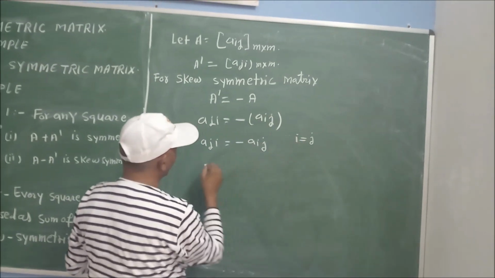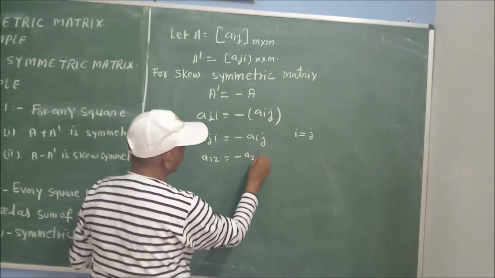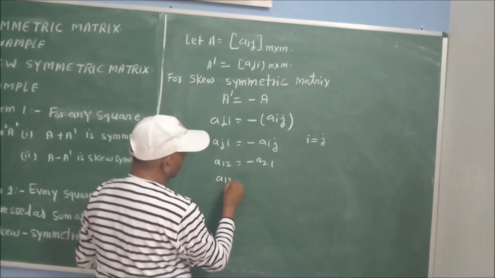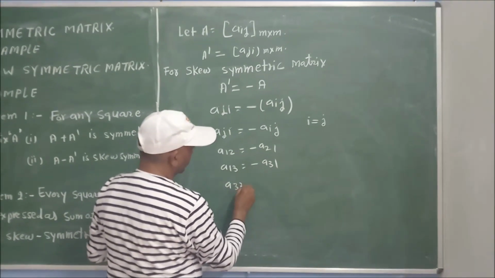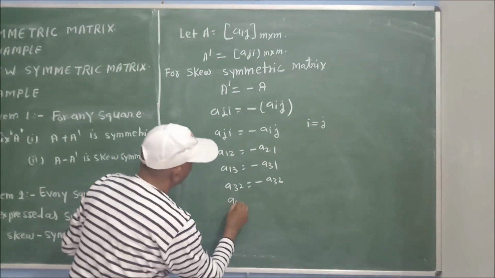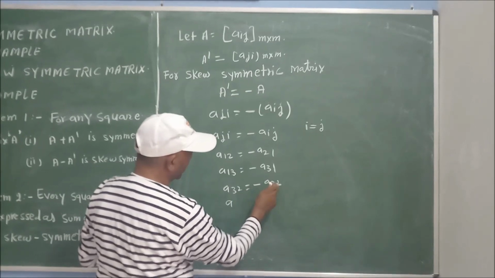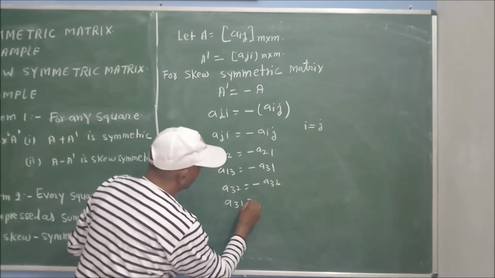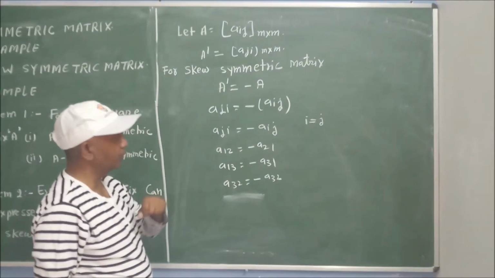So using this property we can say that A12 is equal to minus A21, A13 is equal to minus A31, A23 is equal to minus A32, and A31 is equal to minus A13. So this is the property we have.